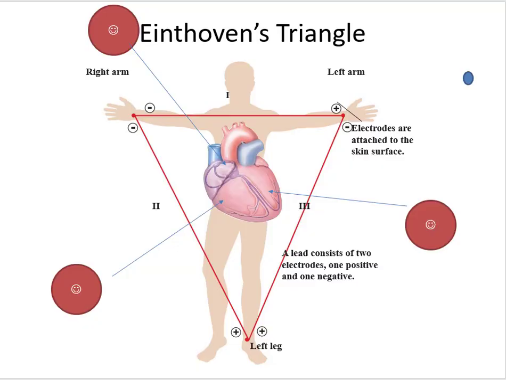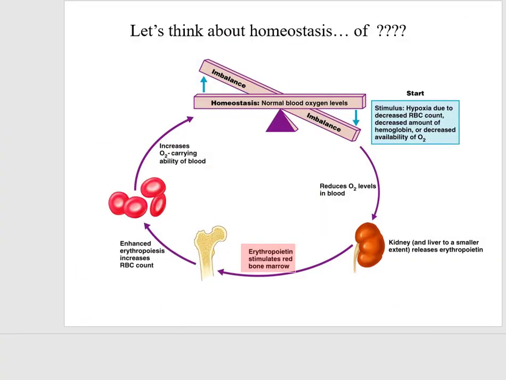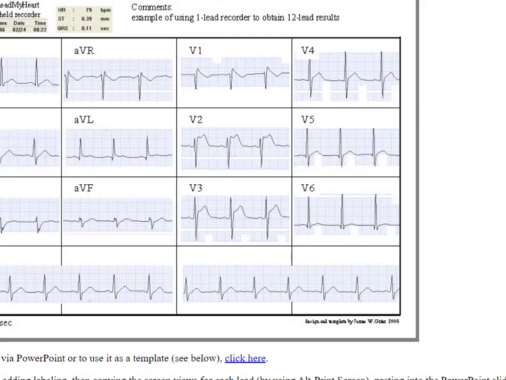But for a more advanced version, you might be looking from 12 different points of view. And then what you'll see is that these deflections from this kind of baseline are going to look different. If you look just at lead number 1 versus lead number 3, they look way different. And why do they look way different? Because the way that line deflects is dependent on the directionality of that electrical movement.